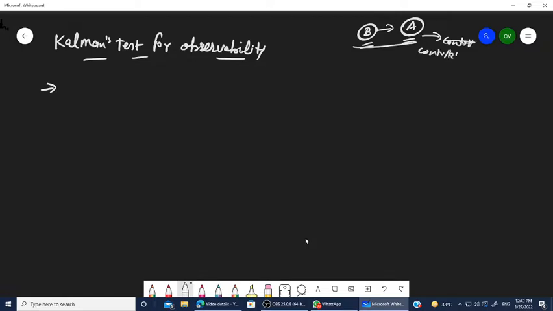Here in this case, the output matrix C drives the state variable, and therefore C and A are responsible for deciding whether the system is observable or not.